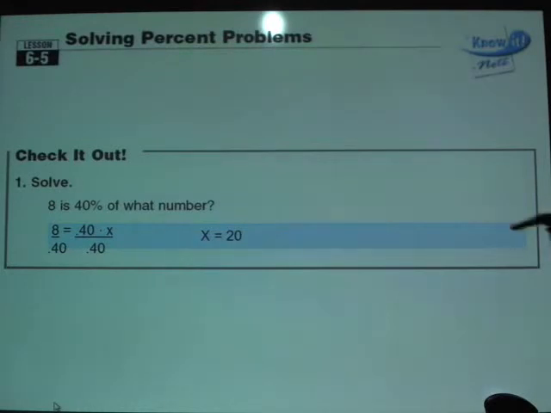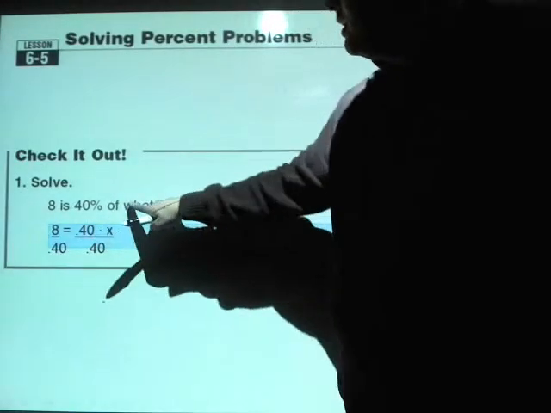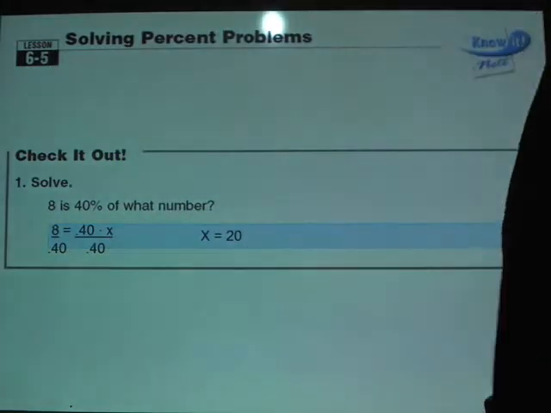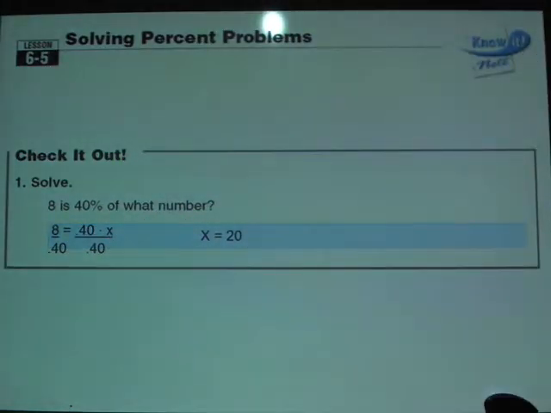Of is the next thing. Of means multiply. And then you've got this statement here that says what number. That's going to be your variable x. All right, so now we're going to solve that equation out. As you can see, the variable's on the wrong side. The variable on the wrong side means it's on the right side of the equal sign. I don't want the variable on the right side of the equal sign.